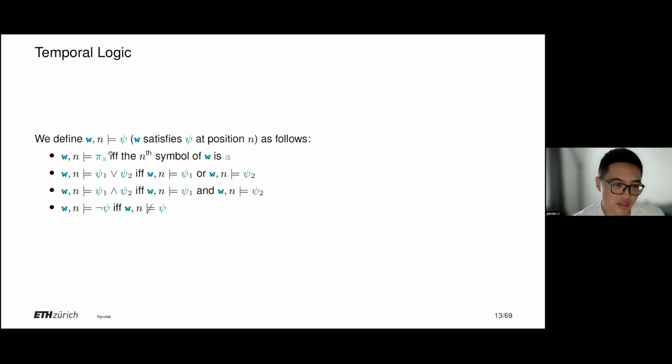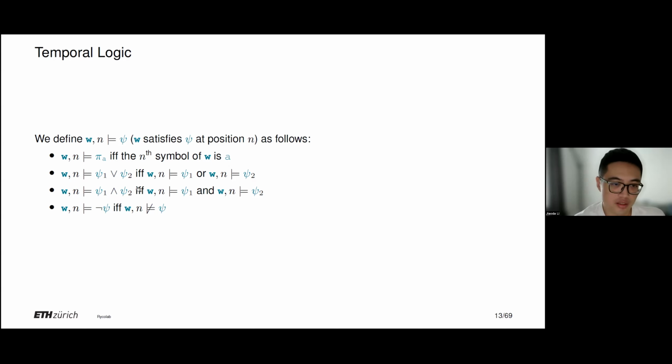The semantics of a string w satisfying a formula psi at position n is defined as follows. If this formula psi is an atomic formula, let's say pi a, then w, n satisfies pi a if and only if the nth symbol in the string w is a.